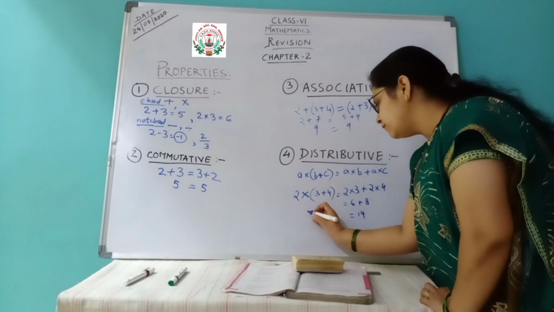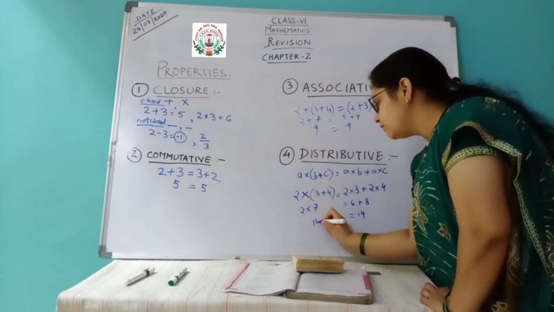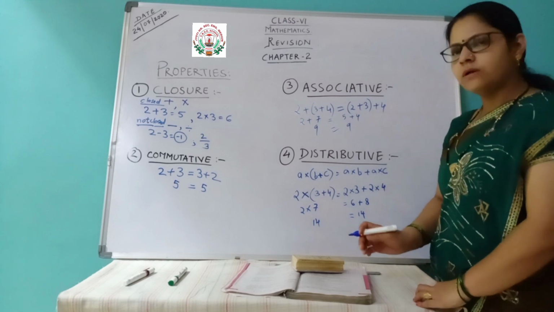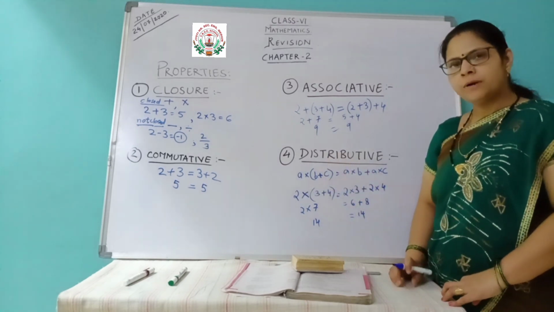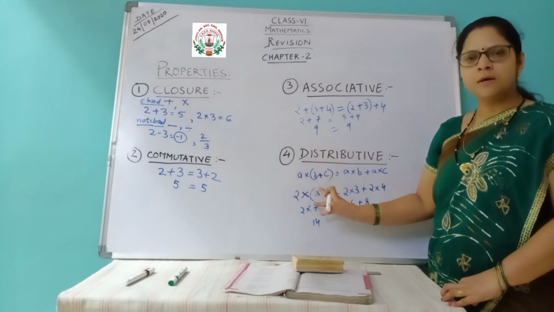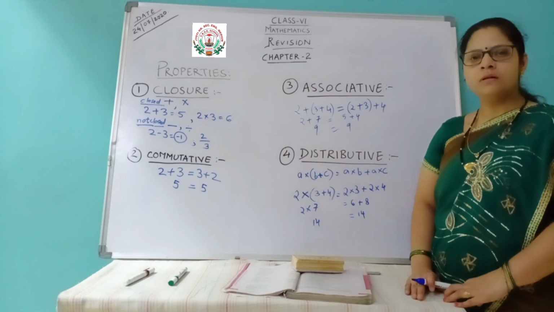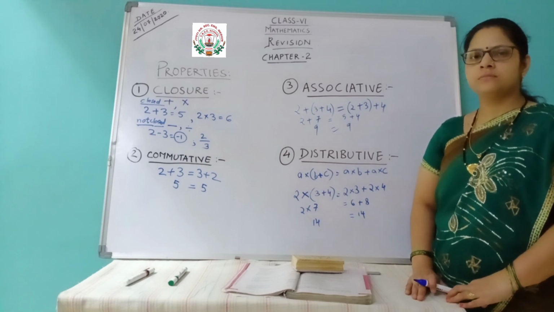And suppose I do it this way, 2 into 7, that is also 14. 14 and 14 are equal. So this is called the distributive property. The outside term will be multiplied to each term inside the bracket. It is the most important property and it will be useful in various types of questions.